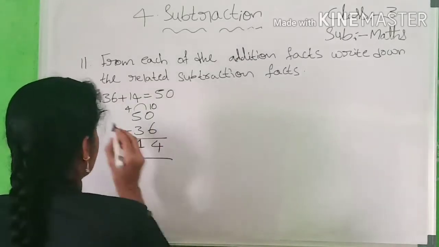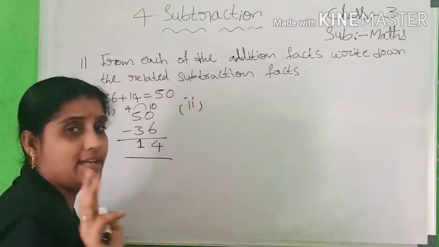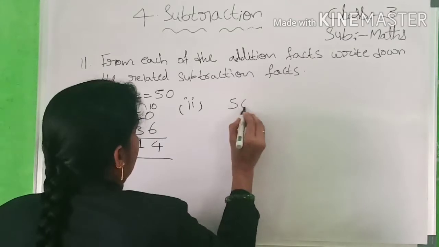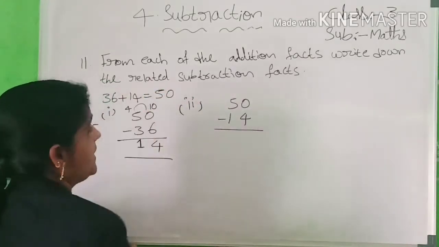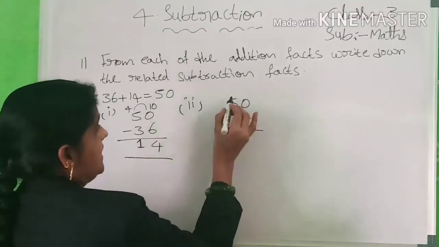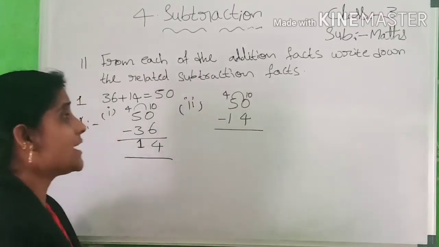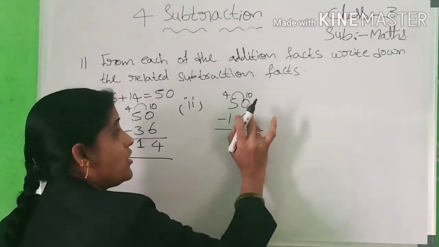Next one. First one completed. Now how many facts do we write, Oscar? 2 facts. Now 50 to 14 remove. What is the answer? See here. Here to here going time 10, here 4. 10 to 4 cut. 4 there, down place 4 there.